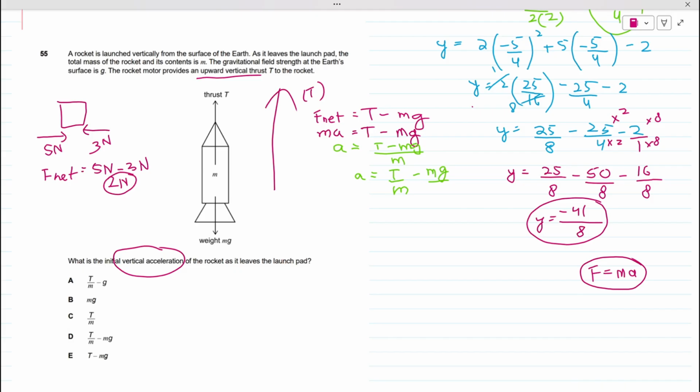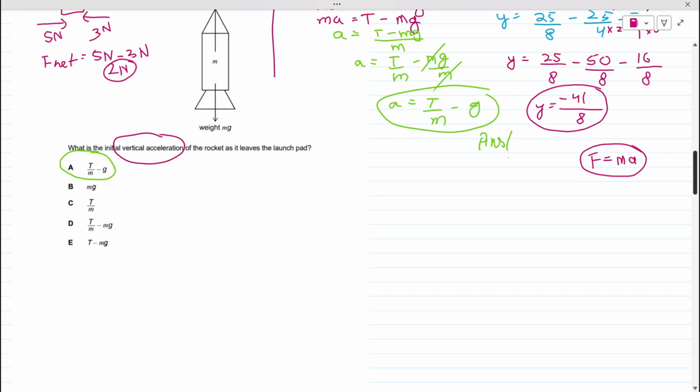This is how you break the denominator. So of course this m would be cancelled with this m. Our acceleration is now T by m minus g. This is what we are left with. So this is our answer. Let's see this in our options. So T by m minus g is our first option, which is the right answer.